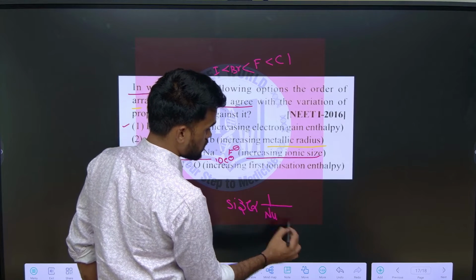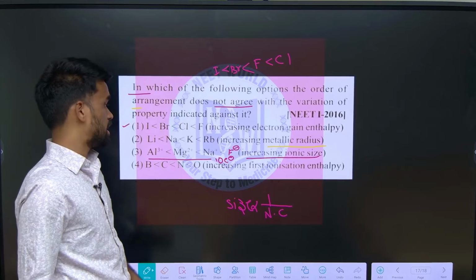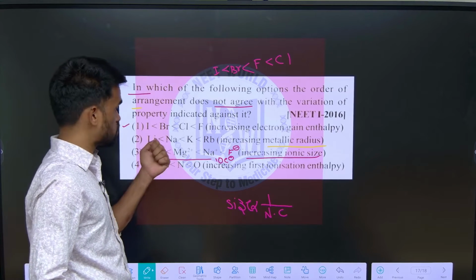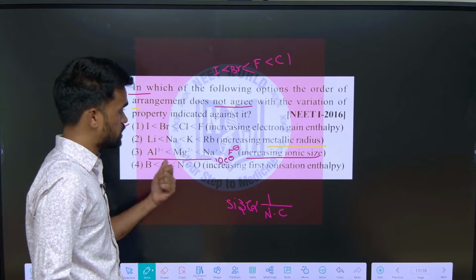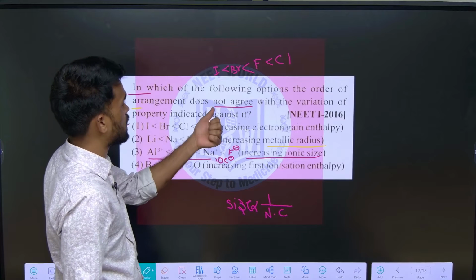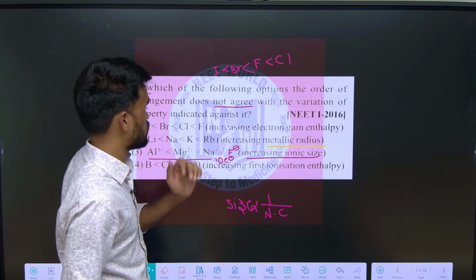More nuclear charge, lower the size. Therefore, with more positive charge, which is more nuclear charge, it will be less in size. So this order is also correct, and we need not choose this because they are asking which does not agree with the variation in the property.